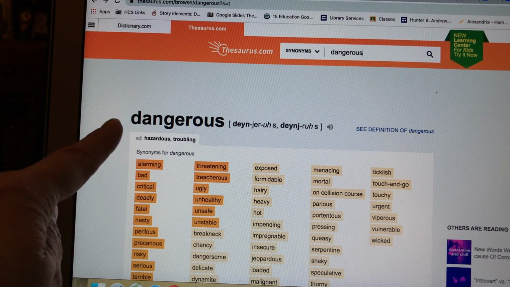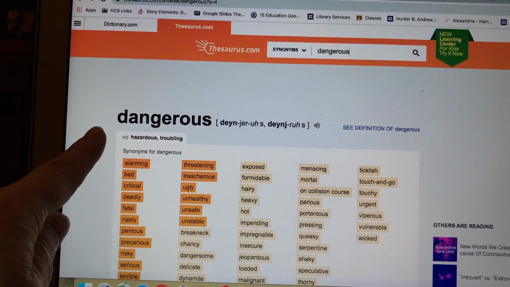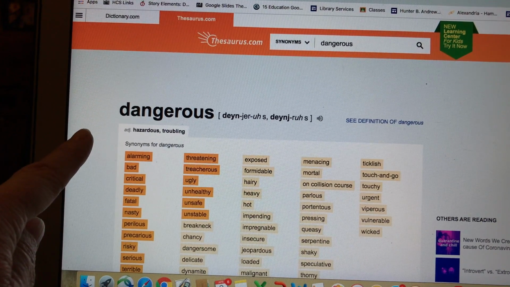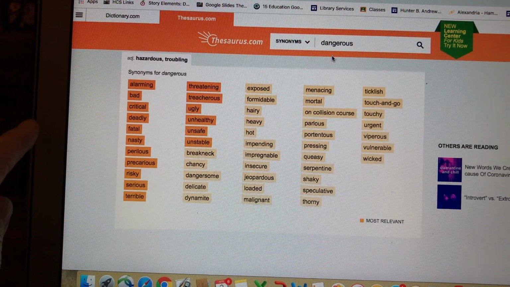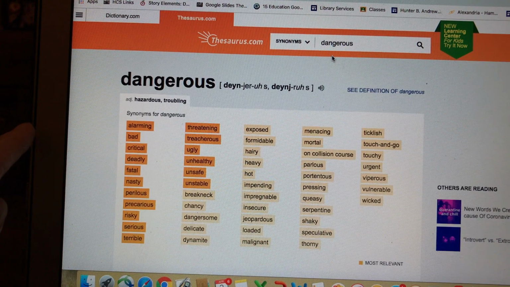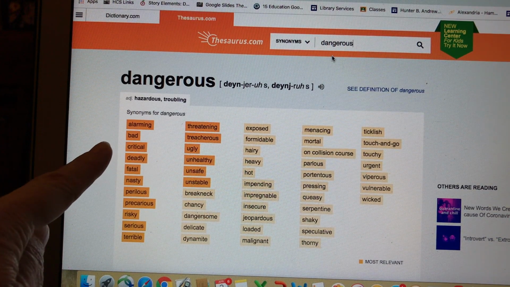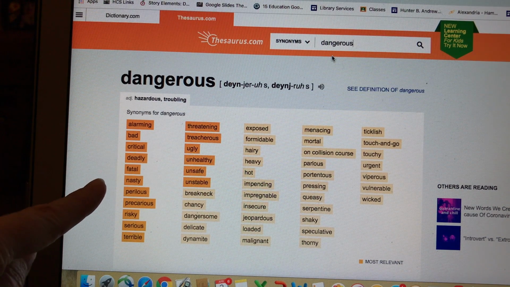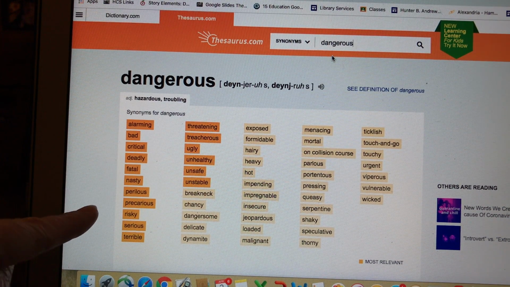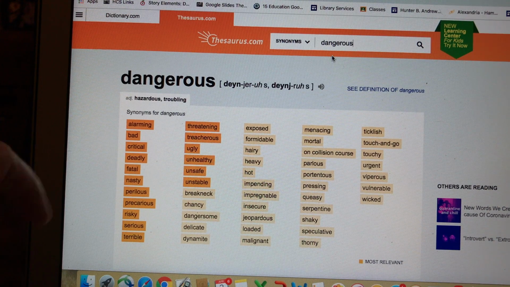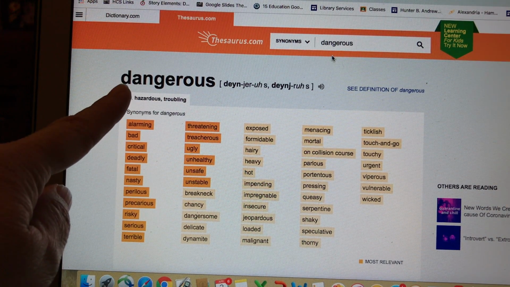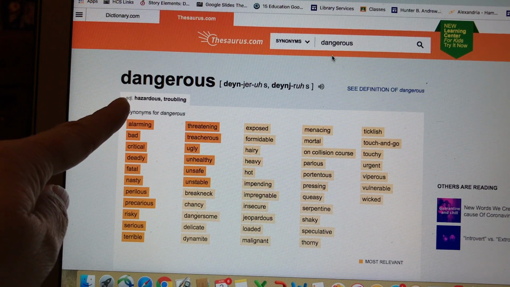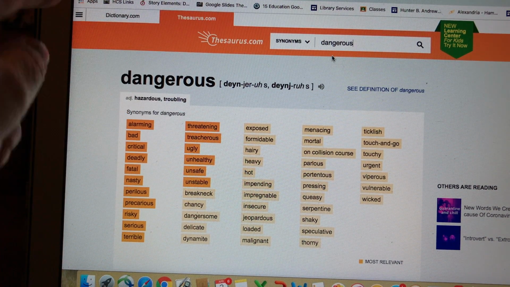And we have hazardous and troubling, so it's a describing word. So those are some pretty cool words that you could replace. Sorry about that. For dangerous, hazardous, troubling, alarming, bad, critical, deadly, fatal, nasty, perilous, precarious, risky, serious, terrible, threatening. But we could use hazardous, because hazardous is a word that means the same as dangerous.